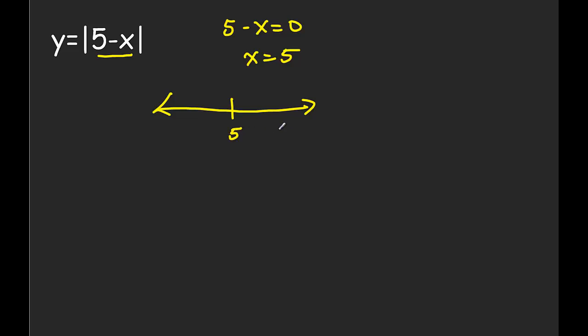And now I'm going to test the value over in this region, in the x greater than or equal to 5 region. So I pick a number like 6, 7, 8, 9, 10, 100 million if I want, and I plug it in here. So 5 minus 6 is negative. So actually this time, this side gets the negative.